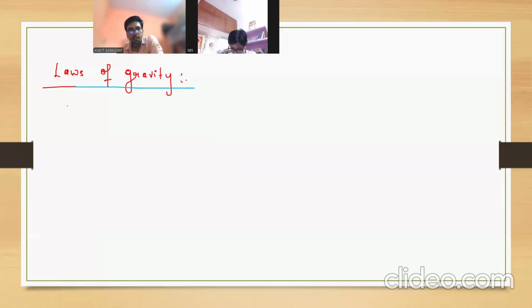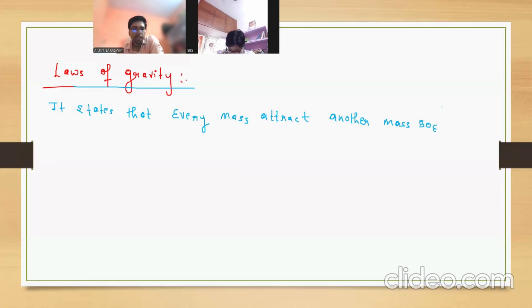Write down, it states that every mass attracts another mass body with a force F is equal to G m1 m2 by r square.